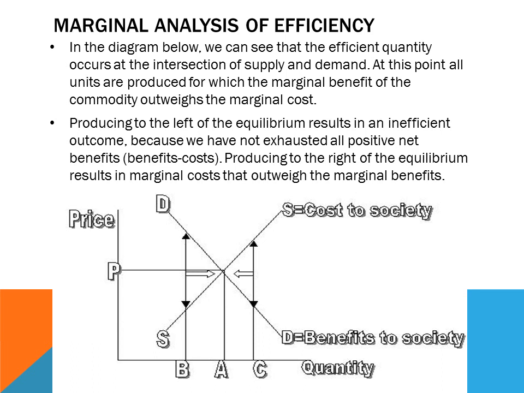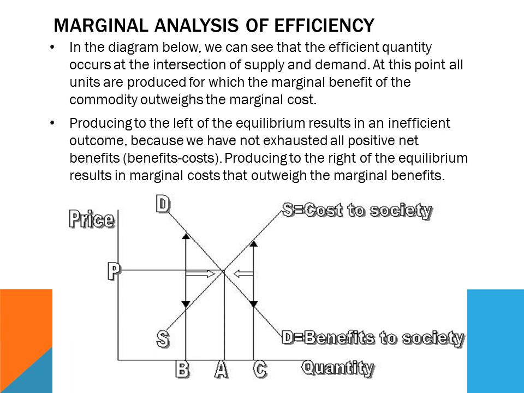Let's take a look at marginal analysis of efficiency in the production process. In the diagram below, we can see that the efficient quantity occurs at the intersection of the supply and demand curves. At this point, all units are being produced for which the marginal benefit to society of the commodity outweighs the marginal cost.